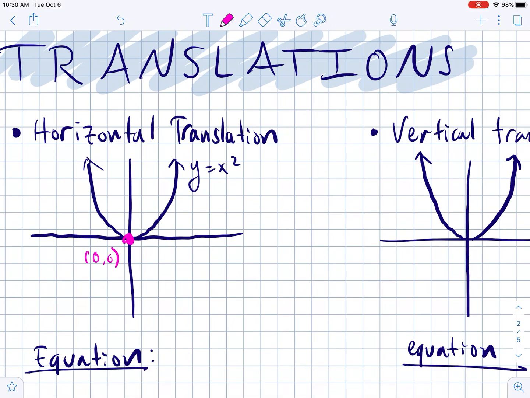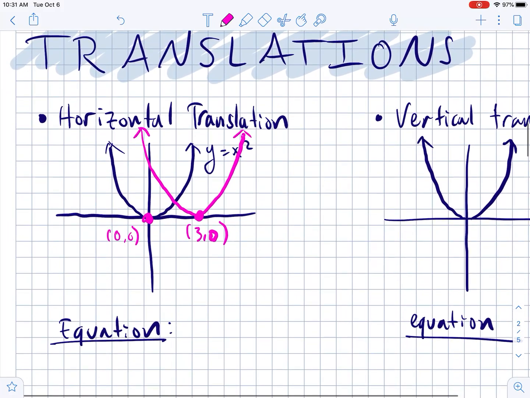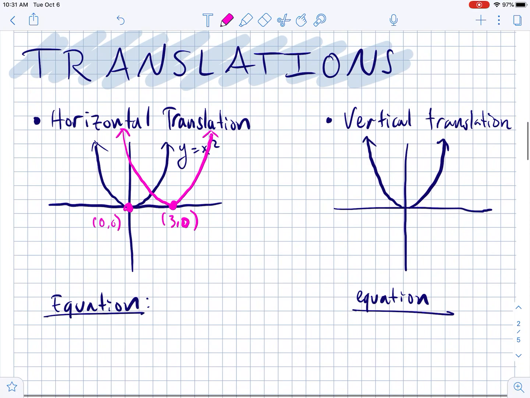We could shift it to the right, moving the whole parabola over to, say, (3, 0). So that has been shifted to the right. It's a horizontal translation. We could also do a vertical translation. Let's do a shift up. Let's say I took the whole parabola and shifted it up by 2 units.